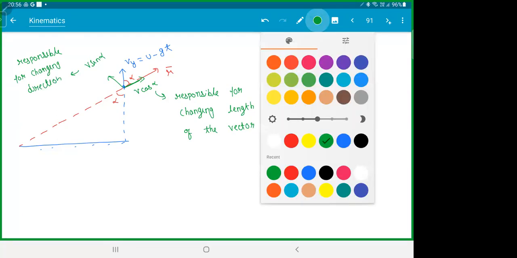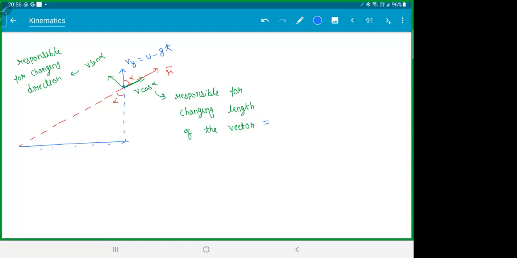So indirectly, what I'm saying is this is nothing but d mod r by dt. The component which is responsible for changing the length of the magnitude is v cos alpha. So d mod r by dt will be v cos alpha. V will be (u minus gt) into cos alpha. And how do you find alpha?